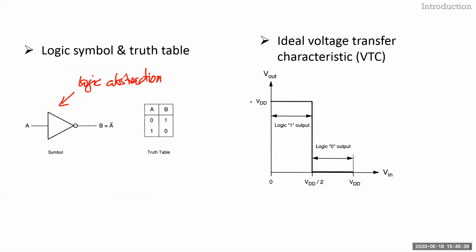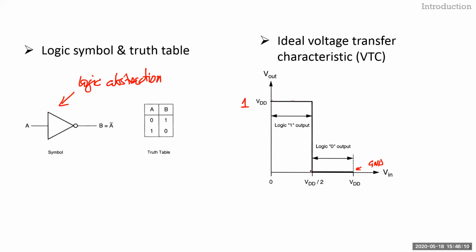So our logic 1 is decided by the voltage VDD, which is the supply voltage, and the logic 0 is decided by the ground, GND voltage. In the ideal inverter, you want the input from 0 to VDD/2 to be considered as logic 0, and from VDD/2 to VDD, you want to consider the output as 0, input logic high.